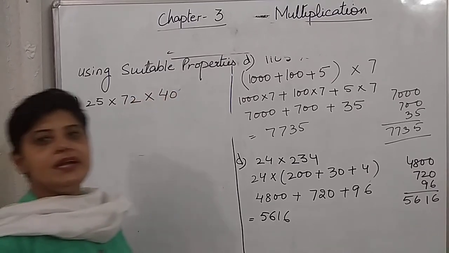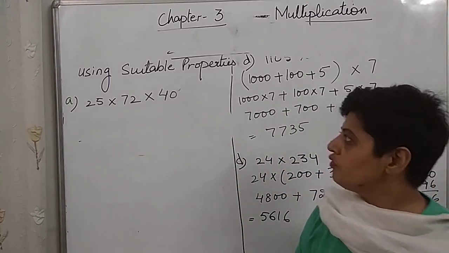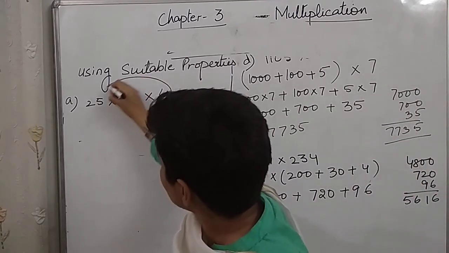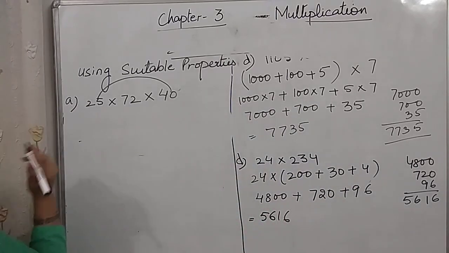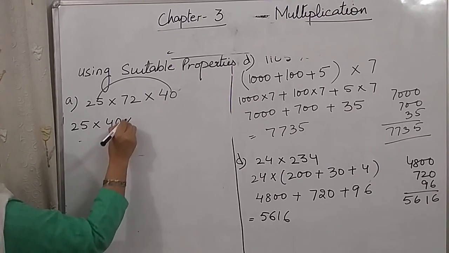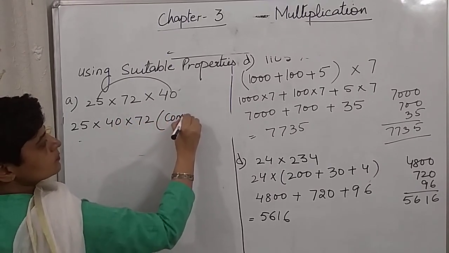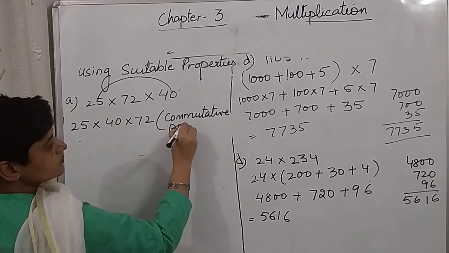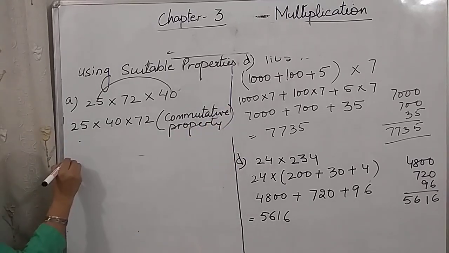Now we all know that 25 multiplied by 4 gives 100. So 40 will give 1000. So we can reorder these numbers first. Reordering means we use commutative property. After this, we can even regroup it.